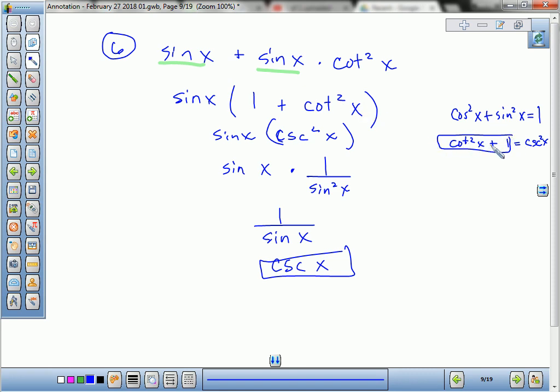This Pythagorean identity tells me that 1 plus cotangent squared x is equivalent to cosecant squared x. So I subbed that in. It's like it says sine x times 1 over sine squared x. How did that go to 1 over sine x? Okay, with multiplication, everything in the numerator is in the numerator. So what I did was I canceled one of these with one of those.